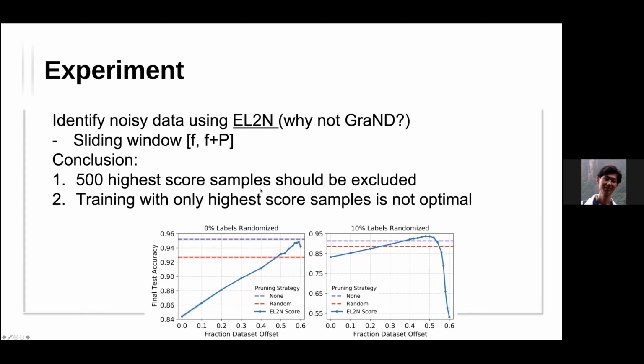And isn't the data ranked based on the importance? So for 0.1, it means that we remove the top 10% of the most important samples and retrain it.